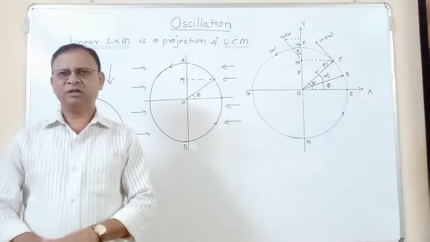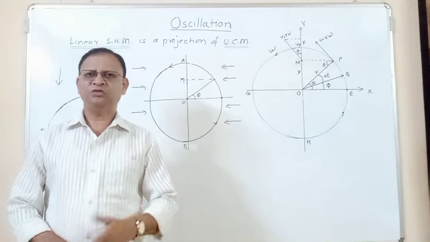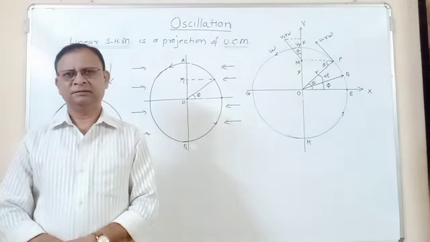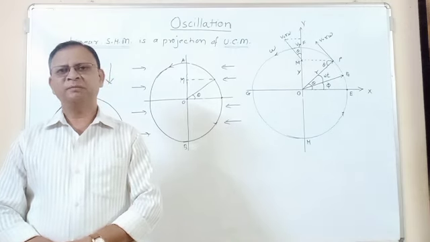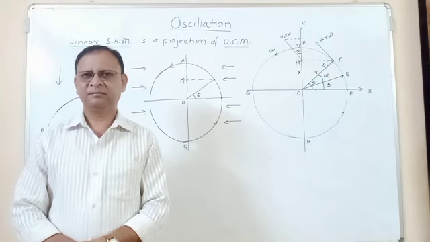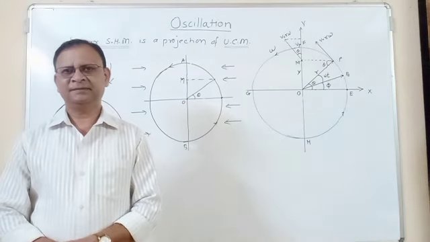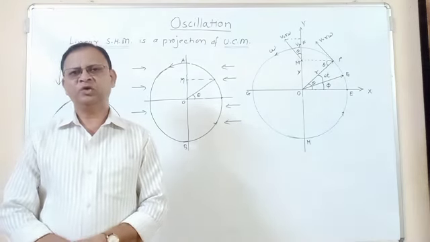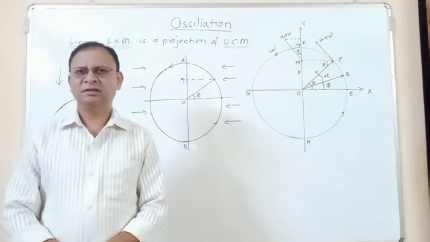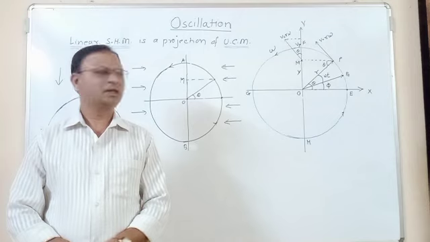And if that circular motion is uniform circular motion, then the projection is a linear simple harmonic motion. We have to see here. First we see how an oscillatory motion is a projection of circular motion.